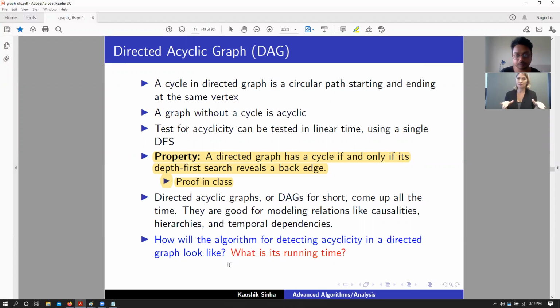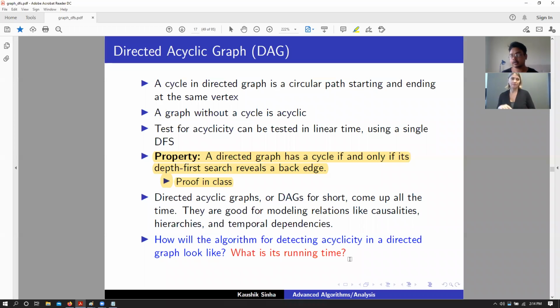DAGs, for short, or directed acyclic graphs, come up all the time when we are modeling causalities. I talked about this earlier. Essentially I want one thing only to cause another thing, not the other way around. Undirected graphs are not able to capture that information, but directed graphs are able to capture such information perfectly.